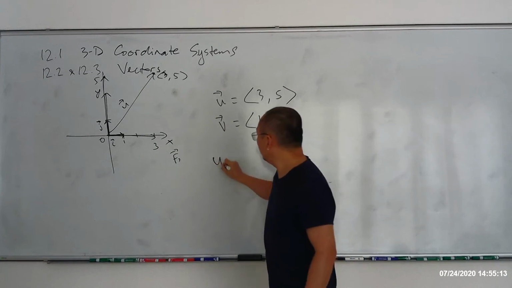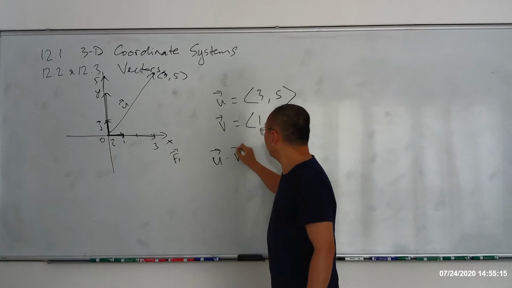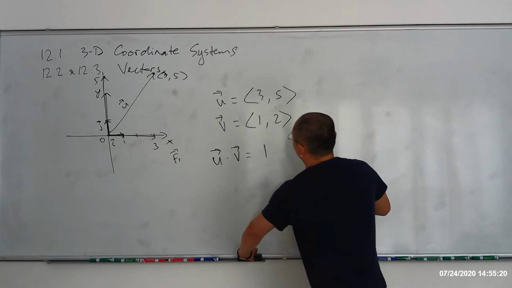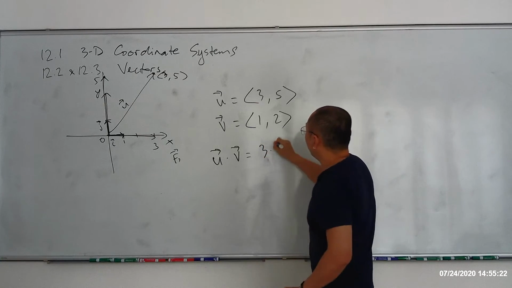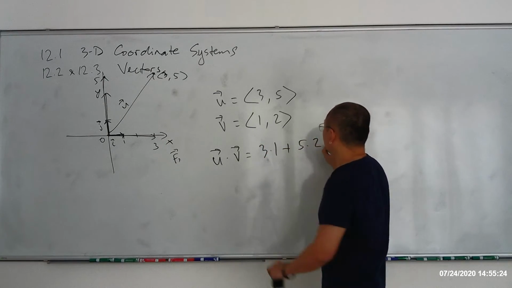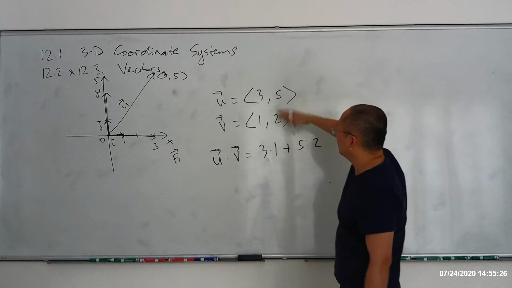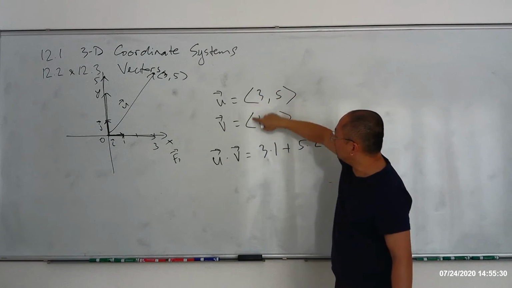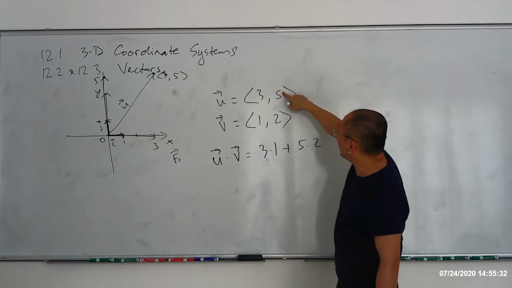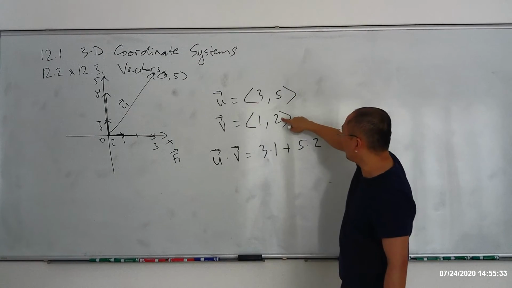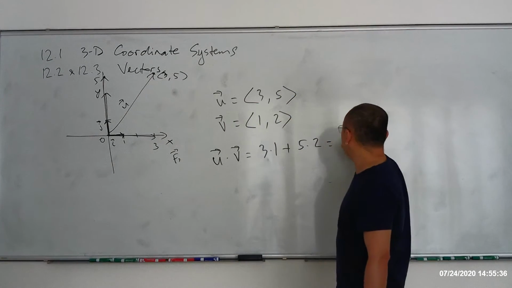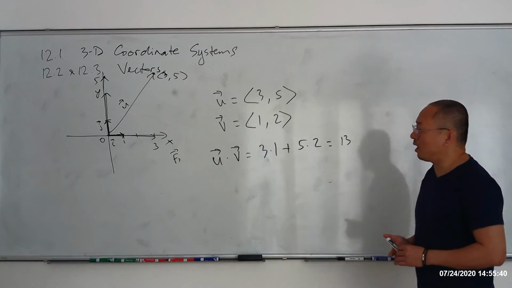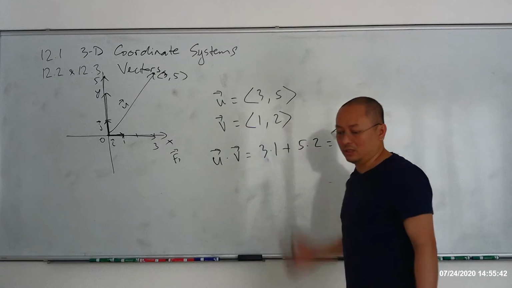So u dot v will be 3 times 1 plus 5 times 2. You see, we multiply the corresponding components and then add them up. So 3, the x component, times the 1 here, and then 5, the y component, times the 2 here, and add them up. The answer is 13. This is the dot product u dot v in this example.